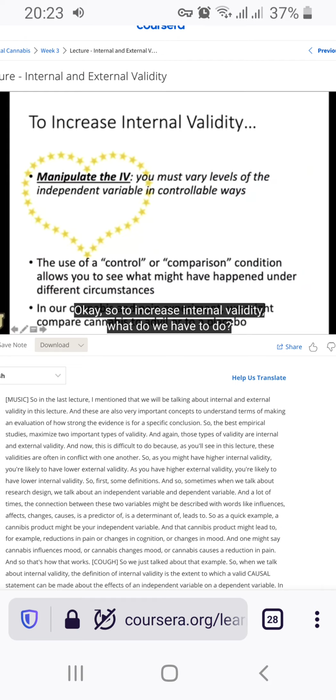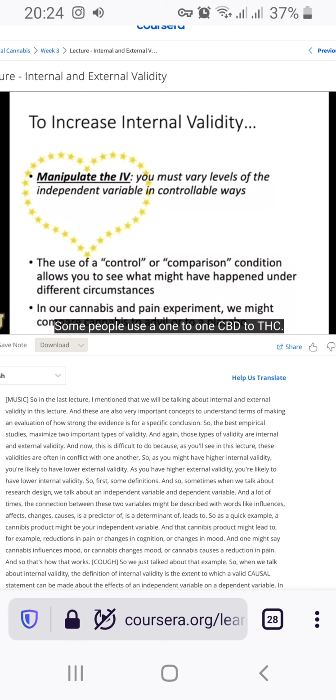Okay, so to increase internal validity, what do we have to do? Well, one important piece is actively manipulating the independent variable. You must vary levels of the IV in controllable ways. So if we're interested, for example, in cannabis and pain, we might manipulate cannabis by having some people use CBD only, some people use a one-to-one CBD to THC, and some people use THC only.